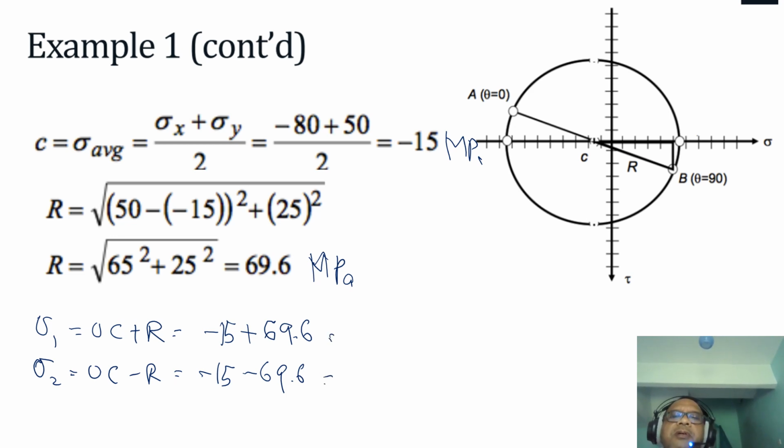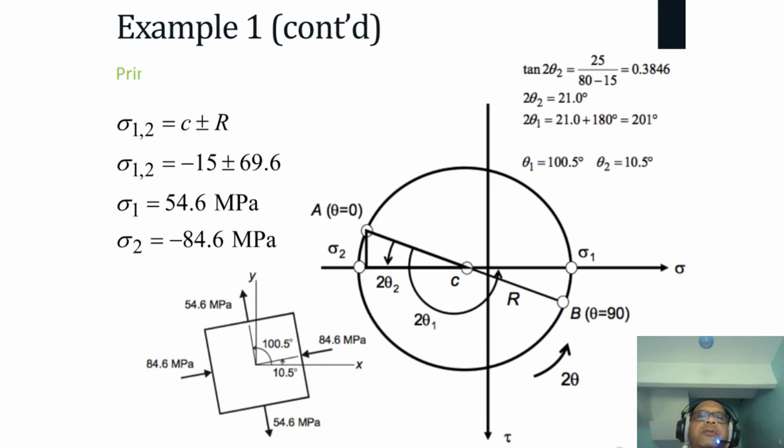So that's your answer. Please put the unit at the end. So you will get your answer: sigma 1 is 54.6 and sigma 2 is minus 84.6 megapascal, and you can find the angles here, theta 1 and theta 2.